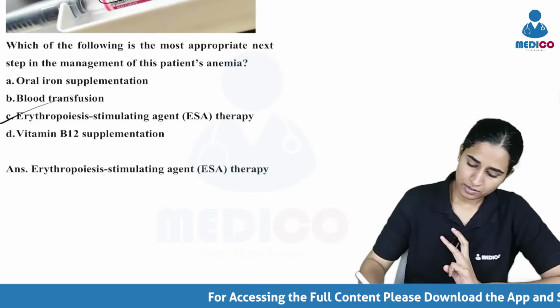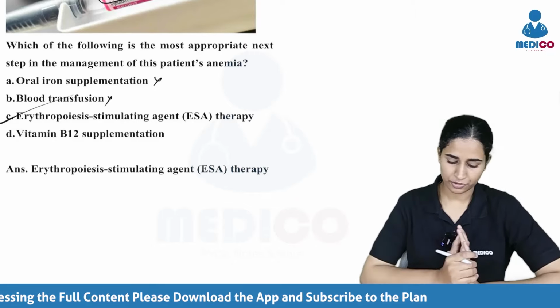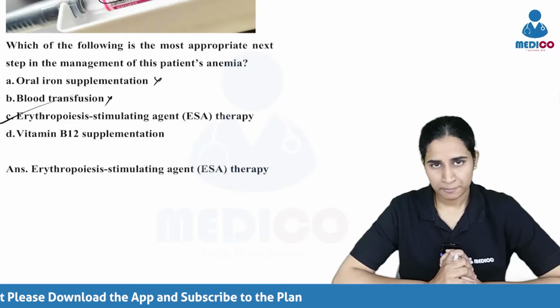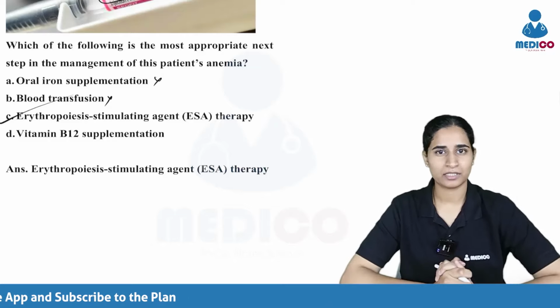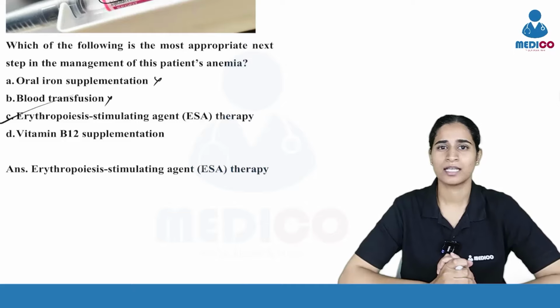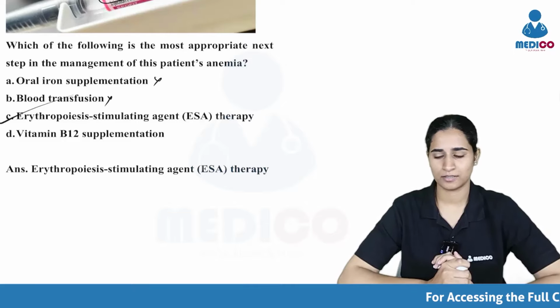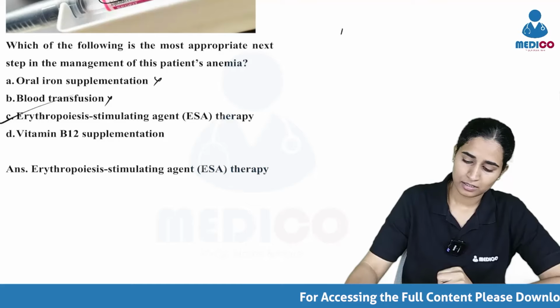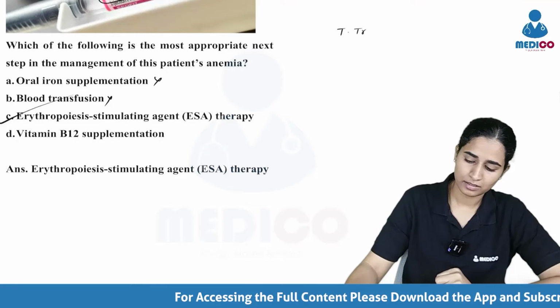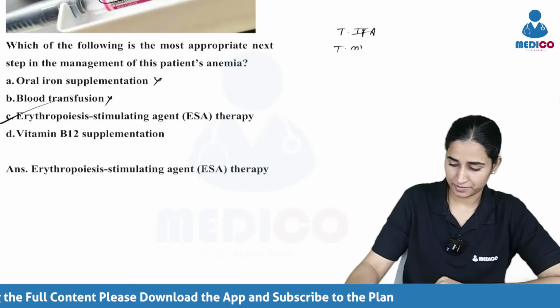Okay, we discussed why not to give blood transfusion, why not to give oral supplementation. Then B12 supplementation, you want to give B12 tablets to this patient? I've seen that with most interns, when a case of anemia comes to them, they'll write tablet iron folic acid, IFA, and tablet MBT.